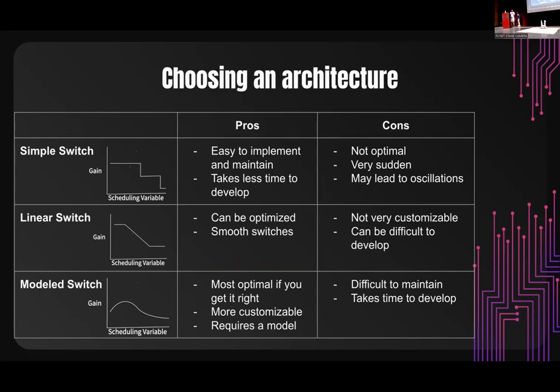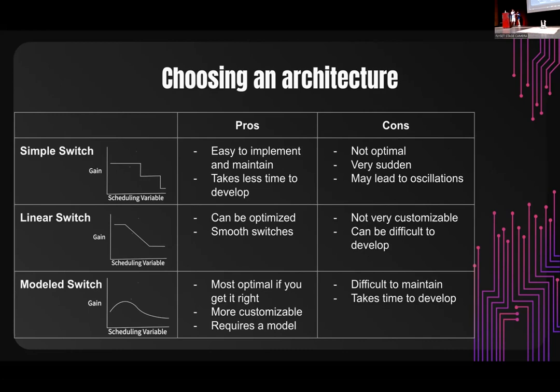And some problems with this is that it's not very optimal because these jumps can cause your robot to make very sudden changes or it can lead to oscillations. So let's say the value of your scheduling variable is hovering around the design point. What that can lead to is some oscillations as it rapidly switches between the two different PID gains.